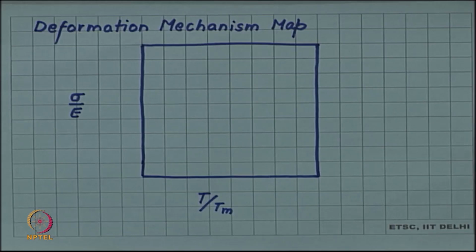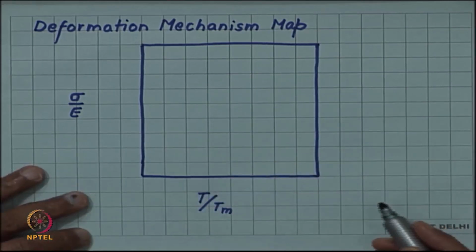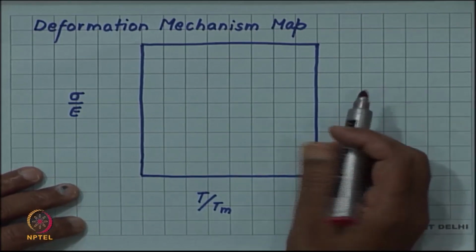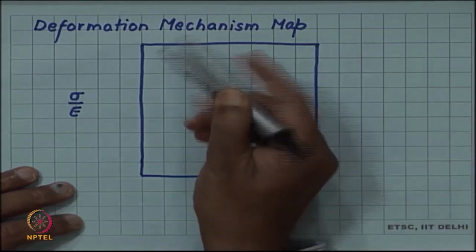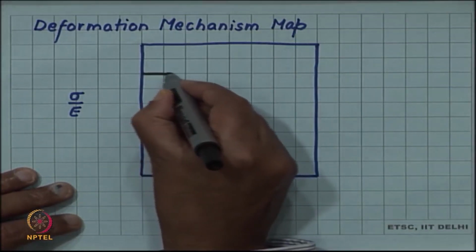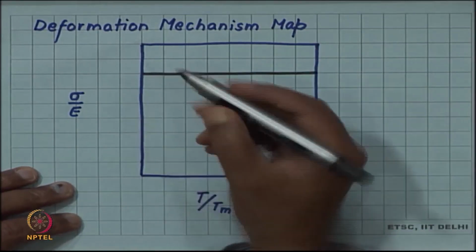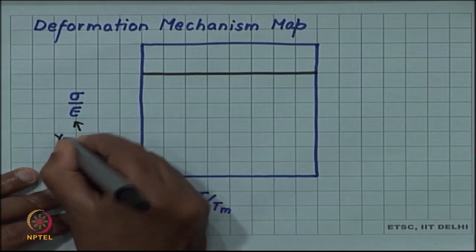Finally, an interesting way to present the deformation as a function of stress and temperature is what is called the deformation mechanism map, and a simpler form of this map is what we will draw now. So, we have something called yield stress.